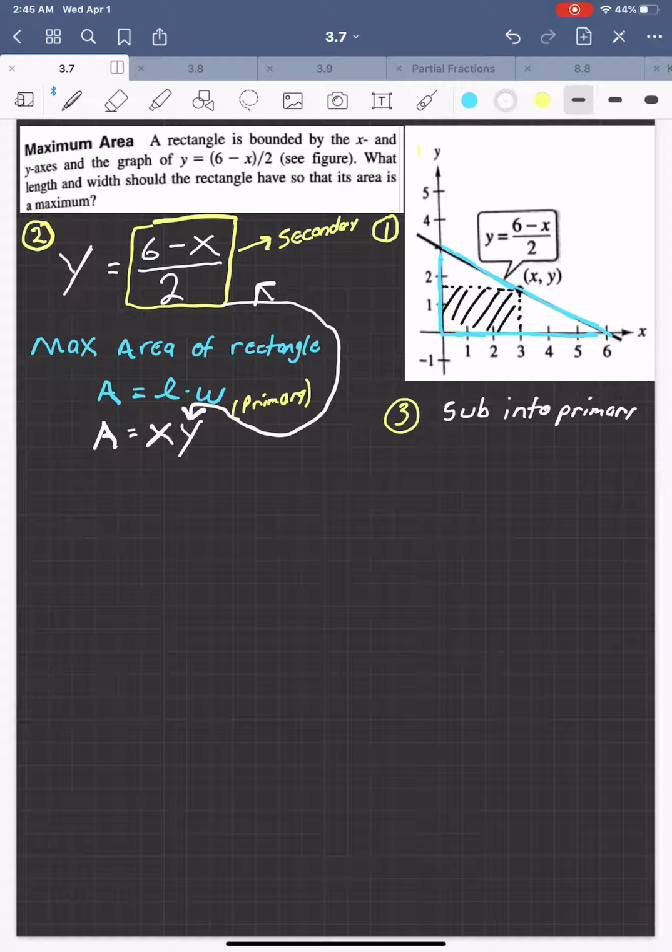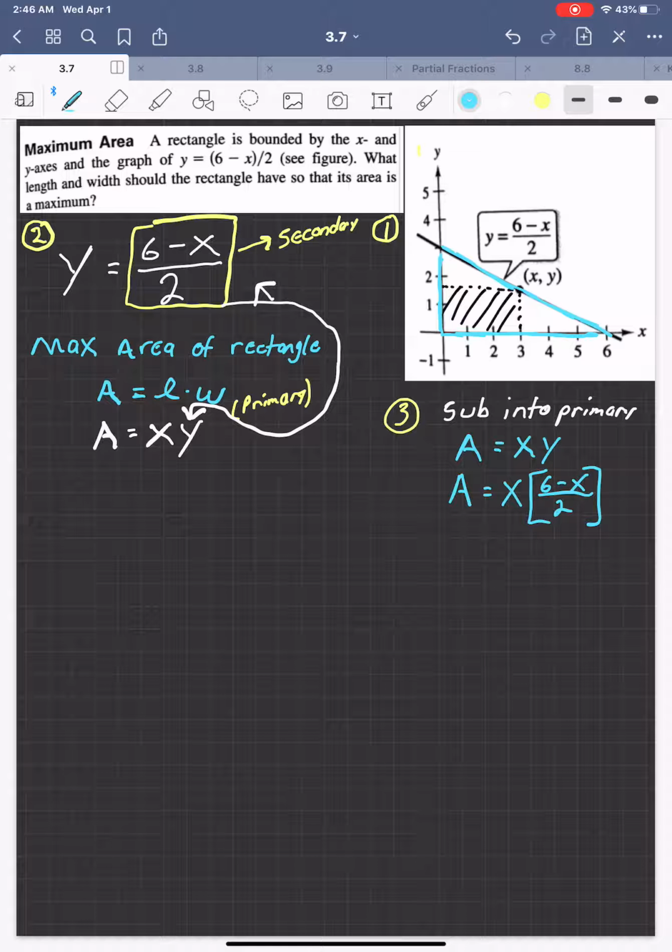So now it looks like this. Area used to look like x times y, but now area is equal to x times 6 minus x over 2. Same area equation, but now I only need one variable.